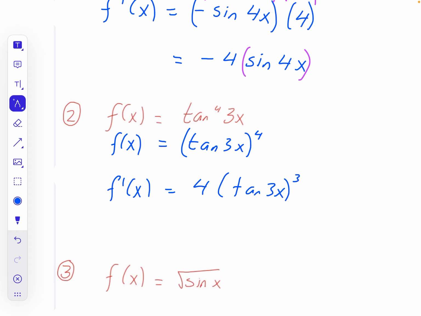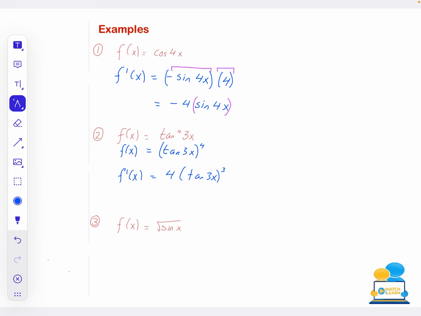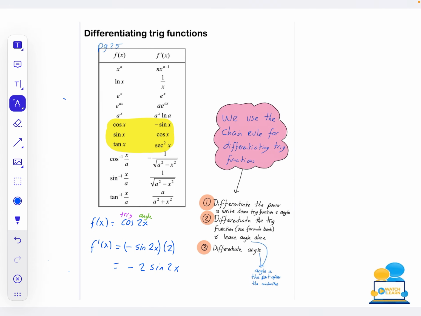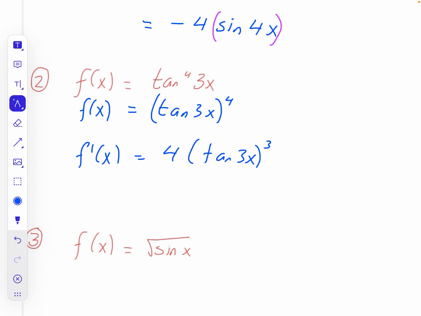Now what we need to do is differentiate the tan. So we're going in layers. We've differentiated the power. Now we differentiate the trig function. So the trig function, tan differentiates to sec squared. Going to leave the angle alone. So I've dealt with the power, I've dealt with the trig function.